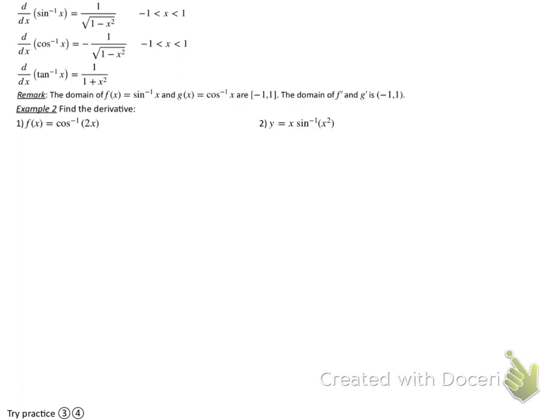For the original function f, which is the sine inverse function, or g of x, which is the cosine inverse function, you can have the inverse value evaluated at -1 or +1, because if you look at the graph, we know that sine inverse of +1 gives you pi over 2, and sine inverse of -1 gives you negative pi over 2.